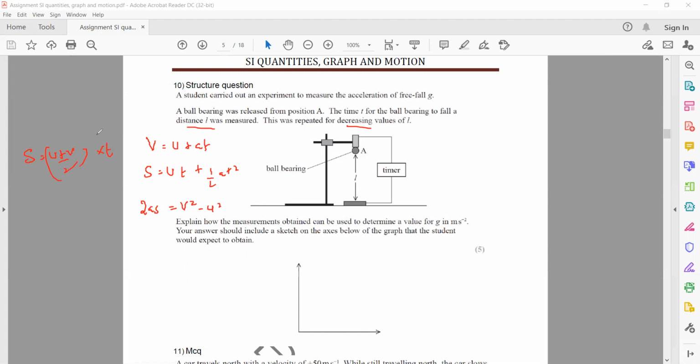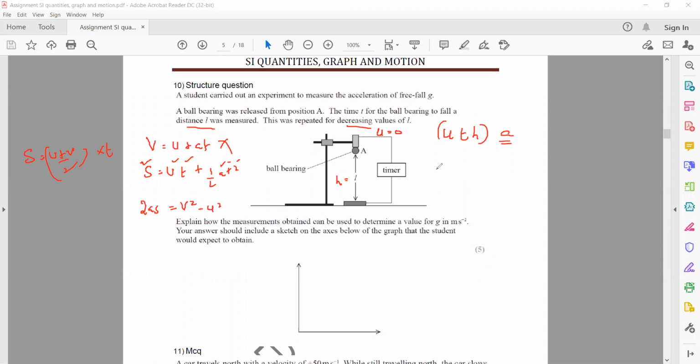But which equation is valid here according to this question? We know if an object is dropped and initially it is at rest, so initial velocity is 0. We are measuring the height, the length, and we are finding a time. So which equation involves initial velocity, time, and length or height? This equation involves the final velocity, so we cannot use this one. This involves the height, the distance, initial velocity, and time, and the unknown is acceleration, so we can use this equation.